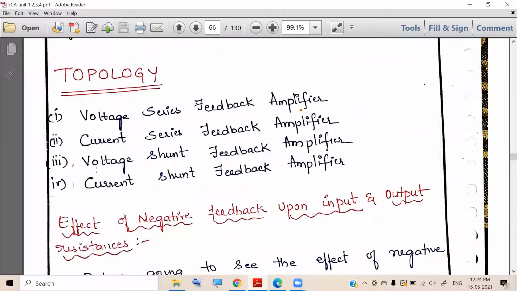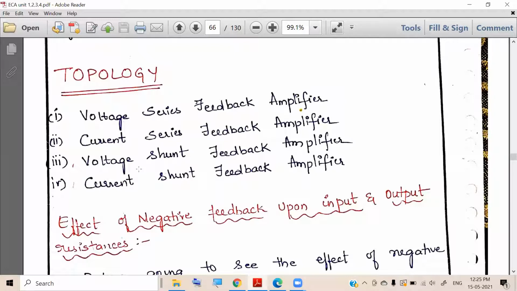So voltage means parallel connection or shunt connection. Input side is already given, shunt. At the input we have shunt connection, and at the output also we have shunt connection. So what will be the input resistance? Will it increase or decrease for voltage shunt feedback? Please answer.